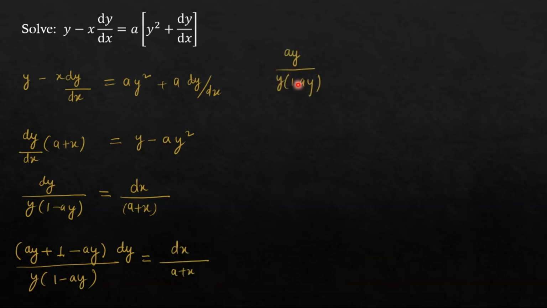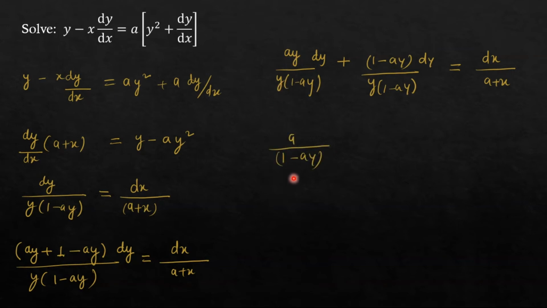You will get ay upon y(1 minus ay) dy plus (1 minus ay) upon y(1 minus ay) is equal to dx by (a plus x). So here y will get cancelled, you will get a upon (1 minus ay) plus, here these two terms will get cancelled, you will get 1 by y dy is equal to dx upon (a plus x).